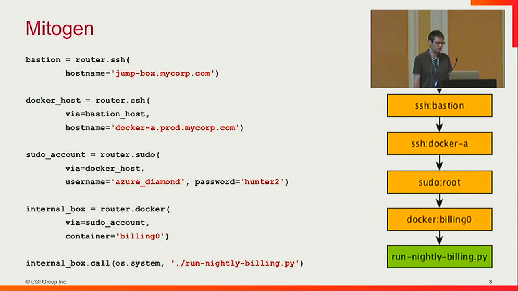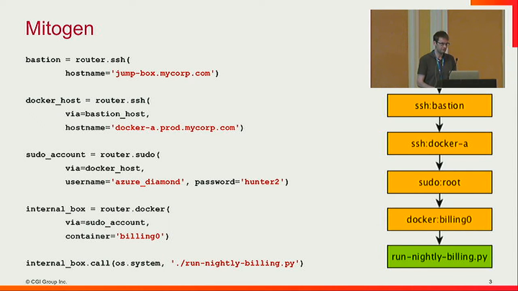So Bastion is where we called router.ssh, and all this code ran. That caused SSH sessions to be created, sudo to be invoked, and the result came back all the way back to the Bastion. And the only requirement on all of the hosts, with the exception of the Bastion, was that Python is installed. No installation of Mitogen, no need for run nightly billing to be copied all the way down the chain. Mitogen took care of that for us.